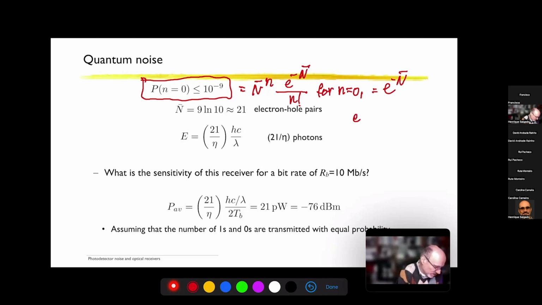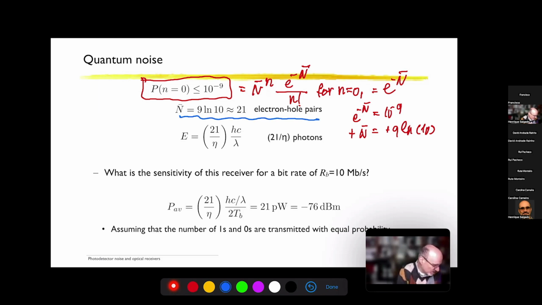So e to the minus n bar equals 10 to the minus 9. If we take the logarithm of this equation, we have minus n bar equals minus 9 times the logarithm of 10. And so changing the sign, we have this result, okay?